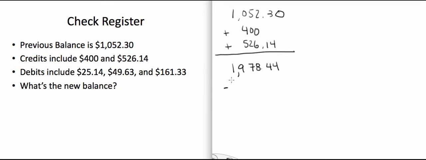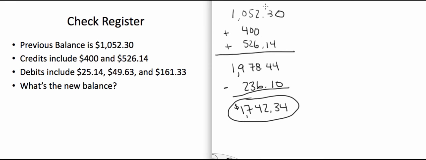And then since these debits are all subtractions, I've added these together to get an answer of 236.10. That is 25.14 plus 49.63 plus 161.33. We subtract those all out, and our final answer is $1,742.34.